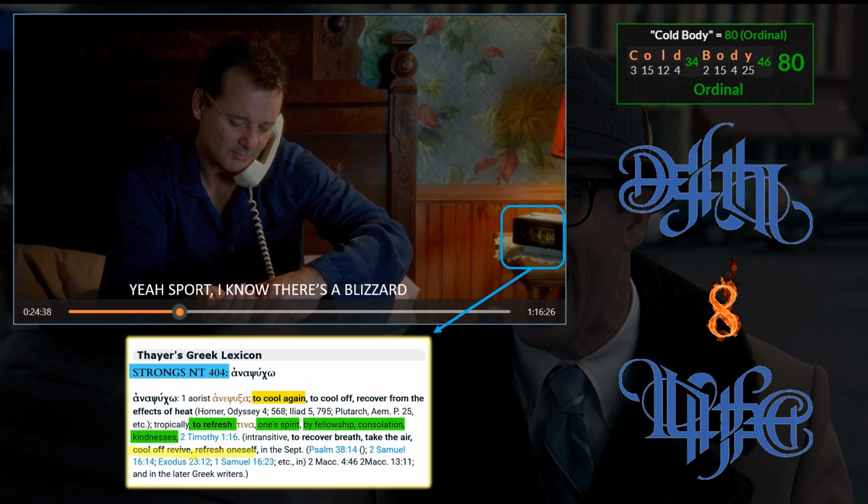The words cold body are an 80, and what I think is going on here is every day in the movie is a representative of one lifetime, and the cold shower is a representation of him dying at the end of the night, becoming cold in the winter. As we see here, life and death is the same. This is the same word upside down, life and death, giving us the infinity sign for the number 8, matching cold body.